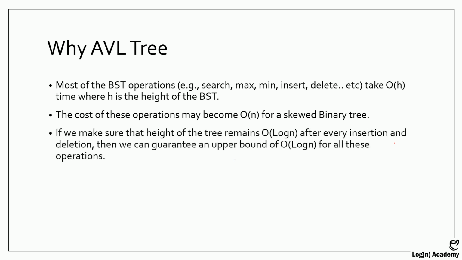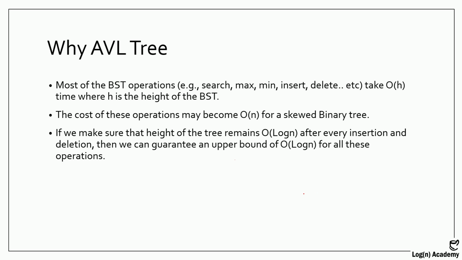If we make sure that the height of the tree remains log of n after every insertion and deletion, then we can guarantee an upper bound of log of n for all these operations.